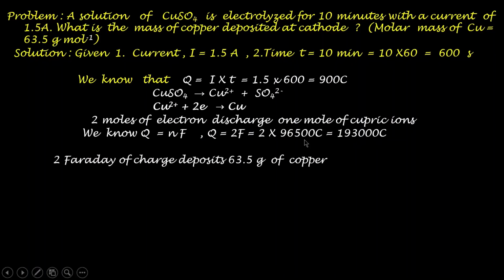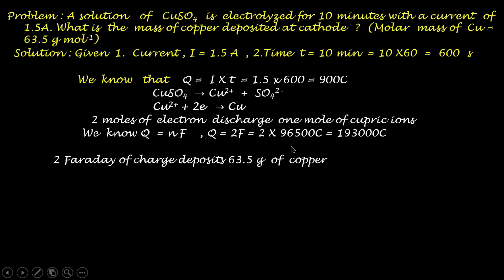So 2 Faraday of charge deposits 63.5 gram of copper, because in the stoichiometric equation you will know that 2 moles of electrons will deposit 1 mole of copper, and the molar mass of copper is 63.5 gram. So this is according to the stoichiometric equation: 2 Faraday of charge deposits 63.5 gram of copper.